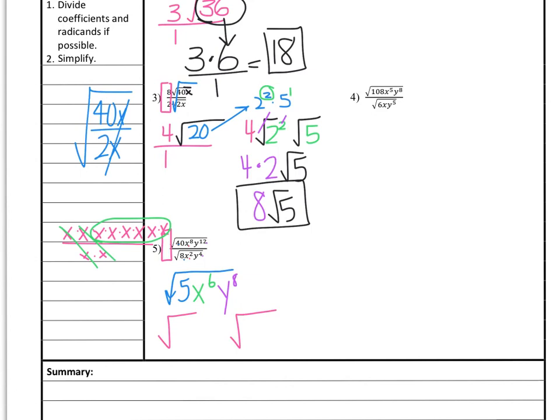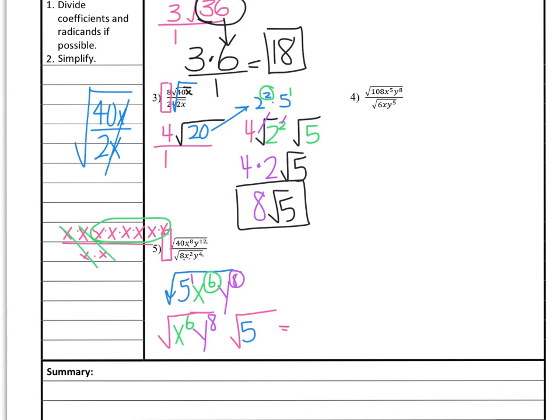And anything that's an even powered exponent can go into the good one, and anything that's an odd powered exponent can go into the bad one. So this is 5 to the first, so that means 5 to the first is going to go into the bad one. X to the 6th, 6 is even, so we can easily take the square root of that. And then y to the 8th, 8 again is even, and so therefore we can easily take the square root.